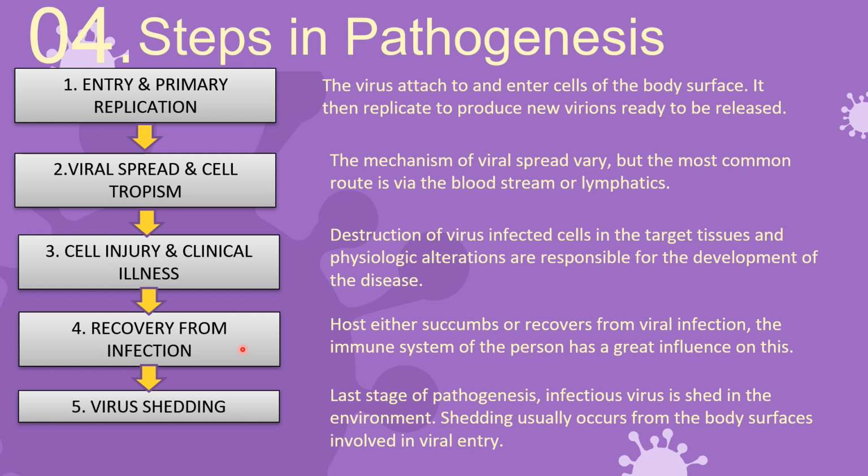The immune system of the person has a great influence on this. So following the infection, remember that the host may either succumb or fully recover through immune responses or adaptive mechanisms. But take note that this may vary from one individual to another because of the three factors mentioned earlier, the host, agent, and environment.